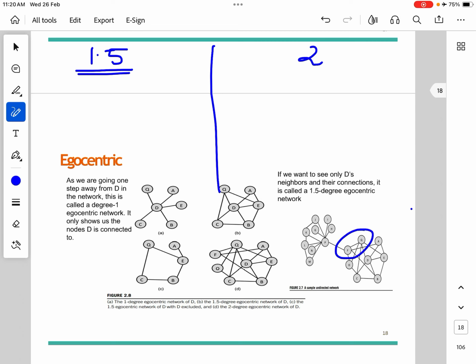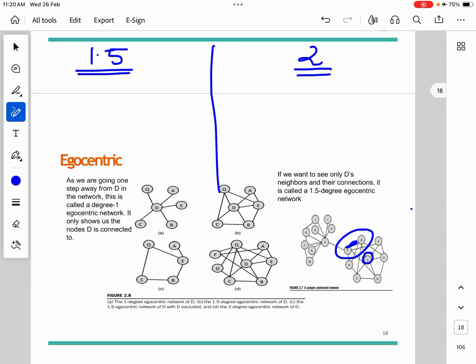Here Q and F are connected, but you can't show this connection in a 1.5 degree because F is not a connection of D. But in 2 degree you have to show Q connected with F, because now we are not only considering connections with D, we are considering connections with D, as well as if they are not connected with D, it is okay.